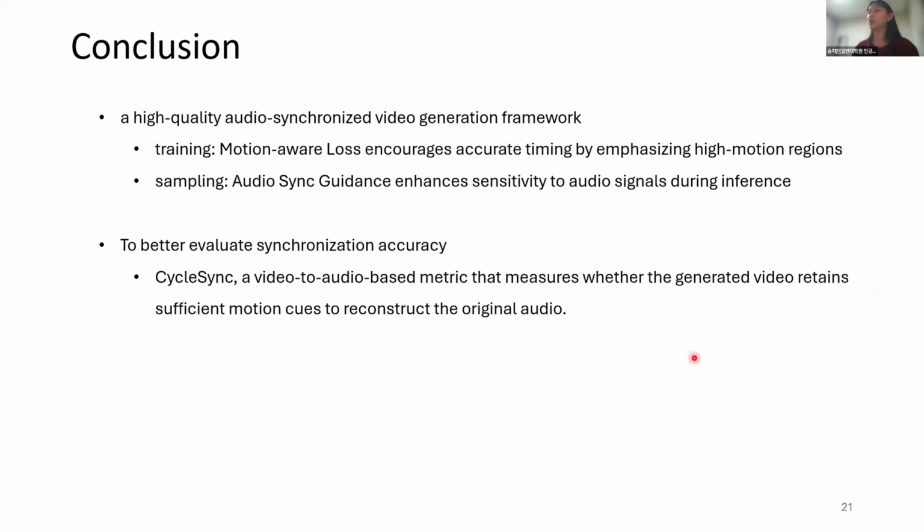And for sampling, we propose audio sync guidance, which enhances sensitivity to audio signals during inference. And then, to better evaluate synchronization accuracy, we propose CycleSync, a video-to-audio-based metric that measures whether the generated video retains sufficient motion cues to reconstruct the original audio.